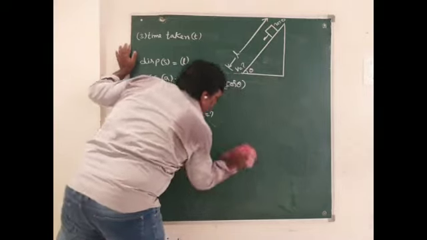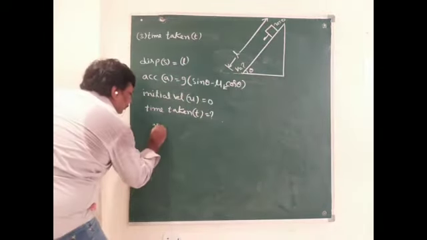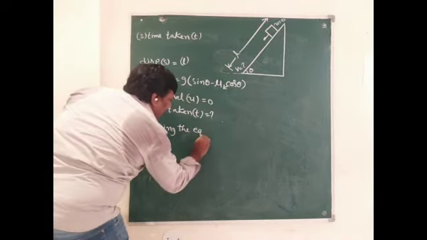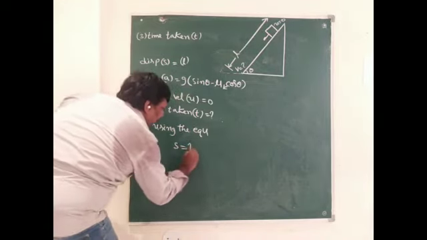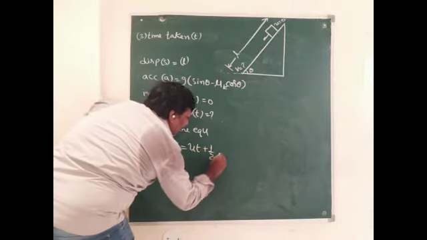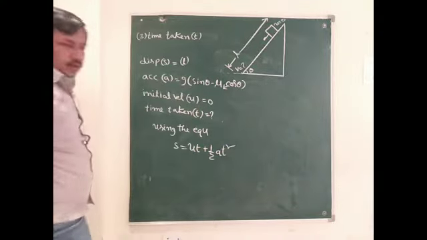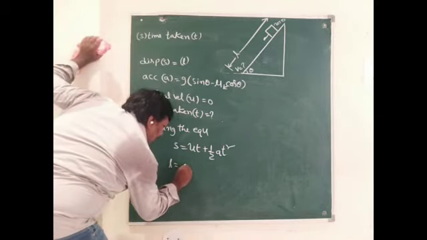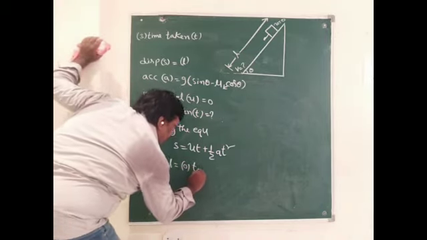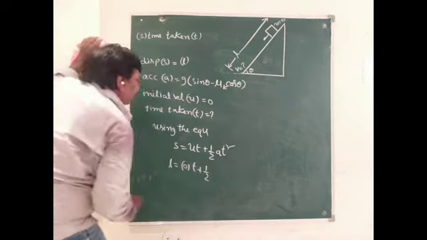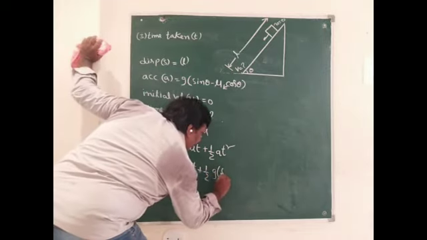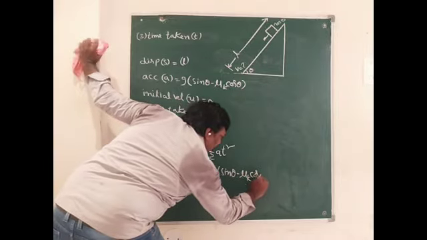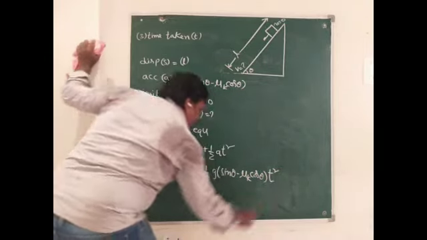Now using the kinematic equation, s equal to ut plus half at square. In this situation, L equal to 0 into t plus half of a, where a means g into sin theta minus mu k cos theta, into t square.